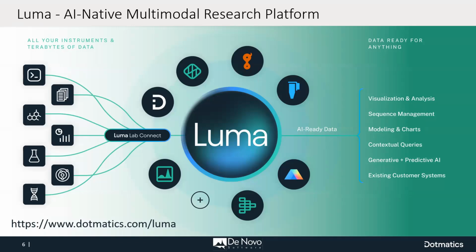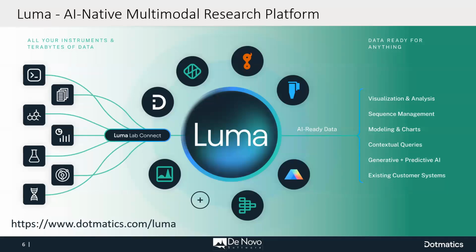And this allows you to integrate data that comes from different techniques. Like you can save flow cytometry data, but you can save chemistry, spectrometry, sequencing. Any type of data basically can be saved into Luma.